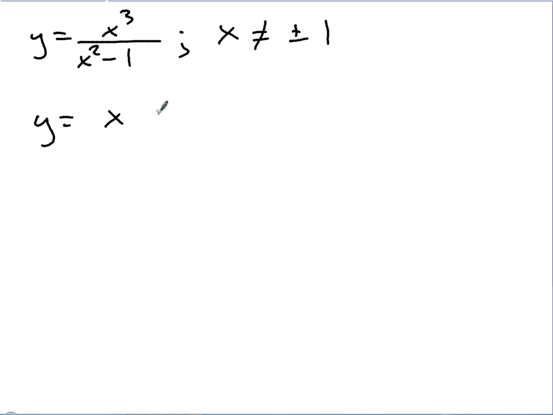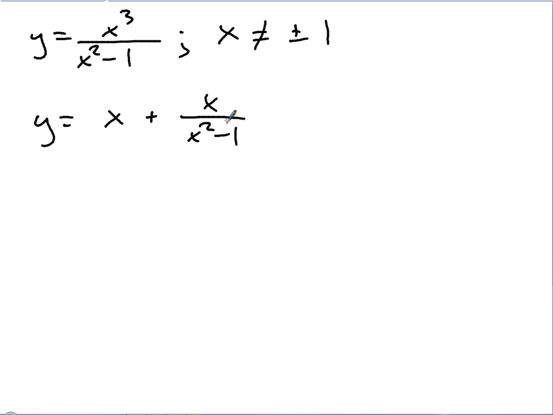Somebody have it written down? It was x plus something x over x squared minus 1. What was the numerator of that? X, okay. So if we divide this polynomial out, this is what we get, right?